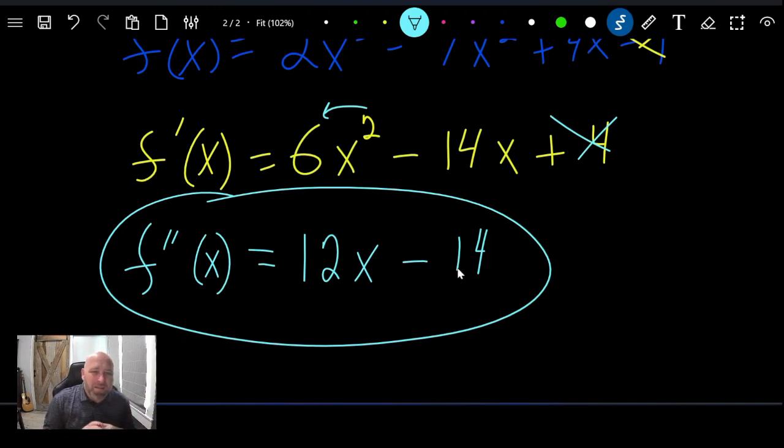And you might be thinking at this point, what in the world? What is going on here? Why am I finding this stuff? Let me promise you, when you get to calculus class, you're going to be like, oh my goodness, this is exactly what I was finding it for. This makes sense. These derivatives are almost like this magical little formula that you use to solve different problems in calculus.